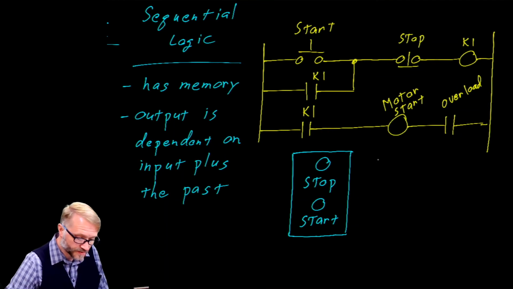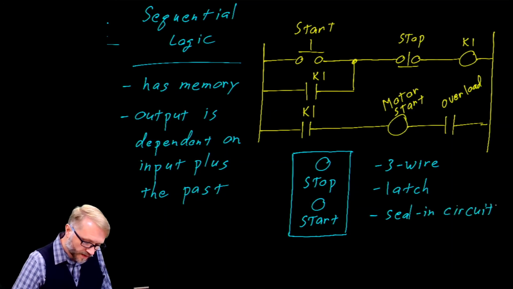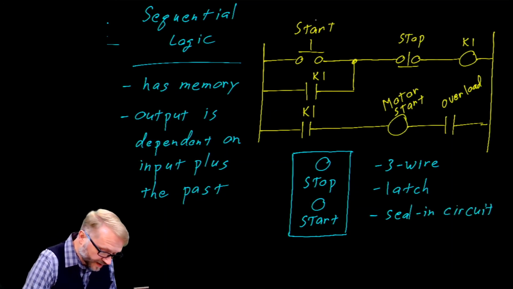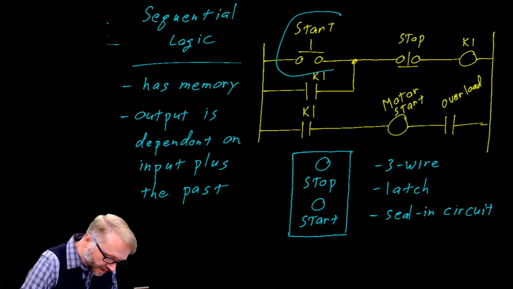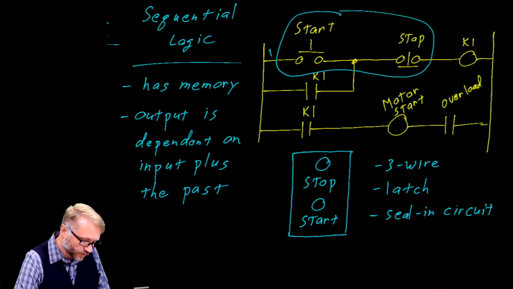This also goes by the name of 3-wire motor control. We call it a latch. We could also call it a seal-in circuit. By the way, it's called a 3-wire circuit because these are the wires that you need to run to the switch box. There's 1 wire there, there's 2 wires, and then there is 3 wires.